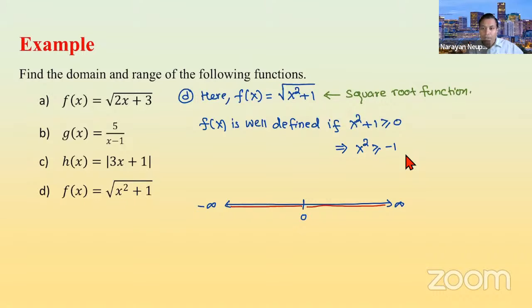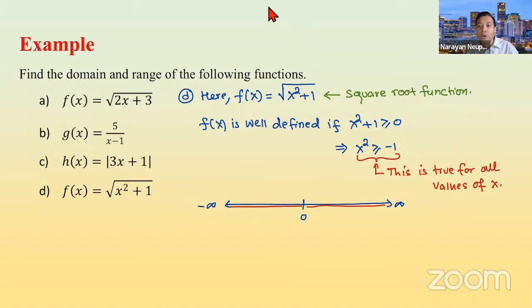Is that true? So that means this statement is true for all values of x from negative infinity up to positive infinity. So this statement is always true, for all values of x.